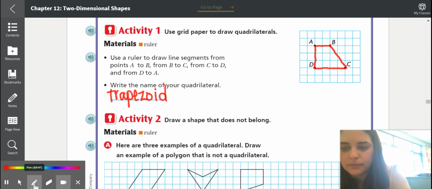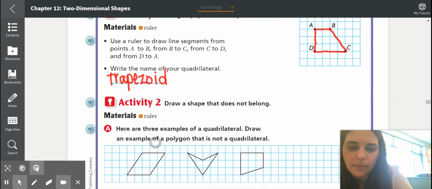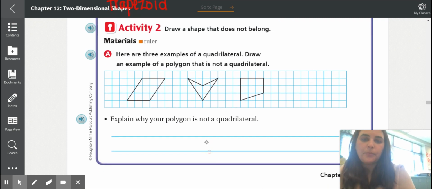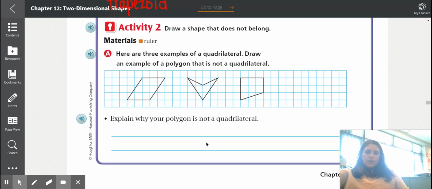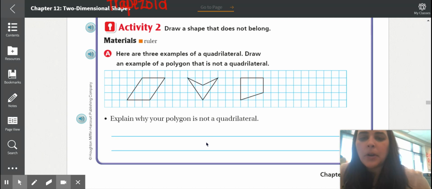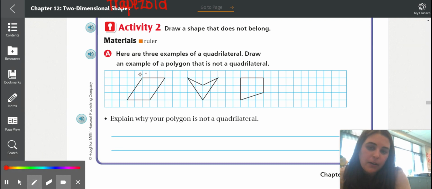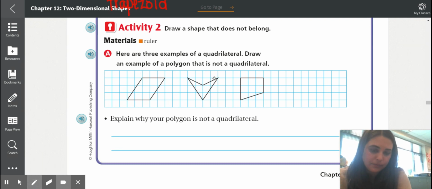Okay, let's move on. Here are 3 examples of a quadrilateral. Draw an example of a polygon that is not a quadrilateral. If we're looking at all of these shapes here, they all have 4 sides.